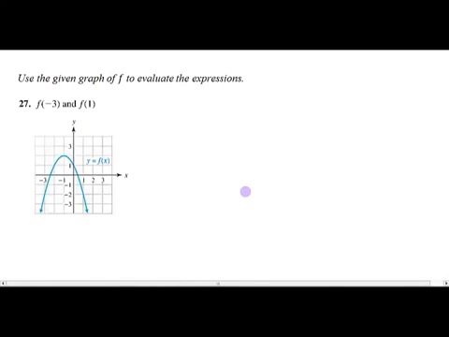Use the given graph of f to evaluate the expressions. Again, f of negative 3: we've put negative 3 in place of where the x usually is in function notation. So they're telling us that the x is negative 3. Let's find the place on the graph where x is negative 3. We find it there, we go down, we have this point, negative 3, negative 2.